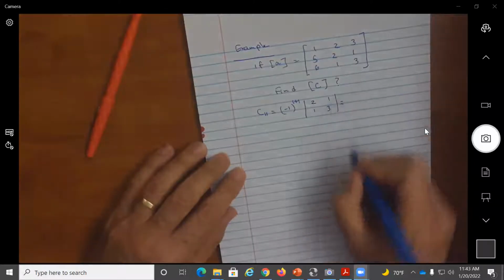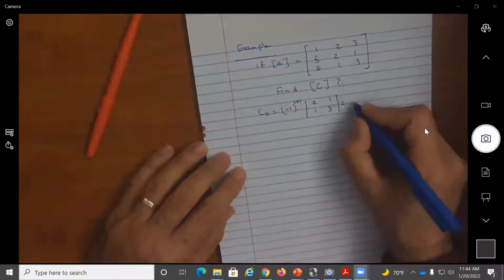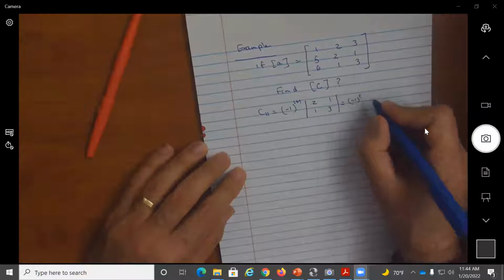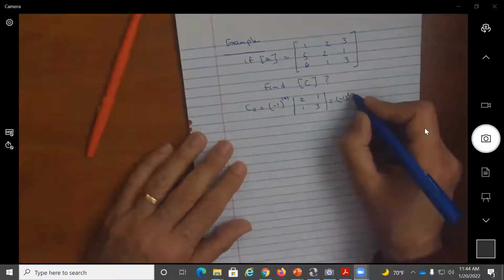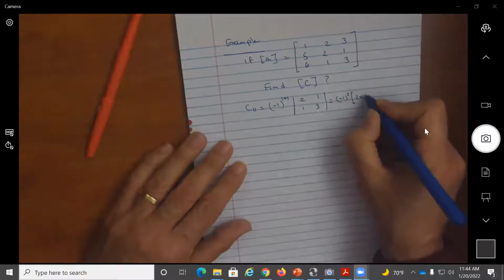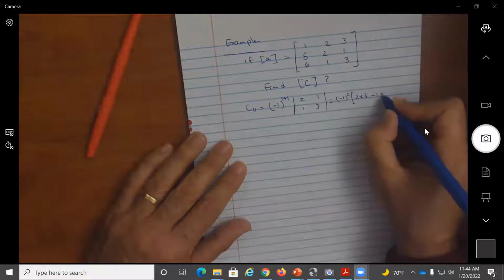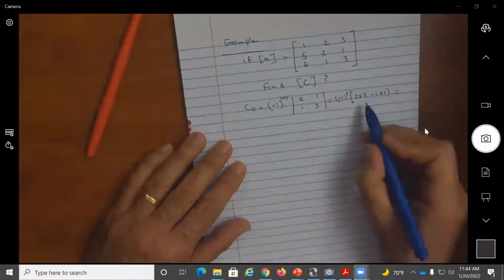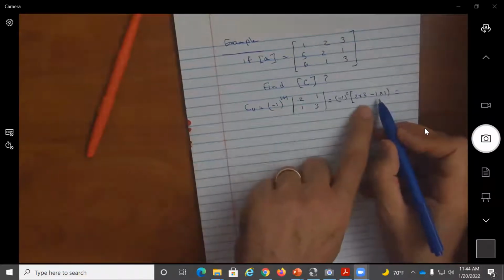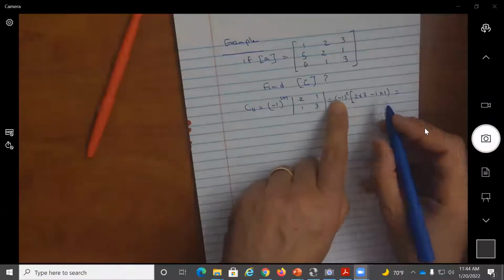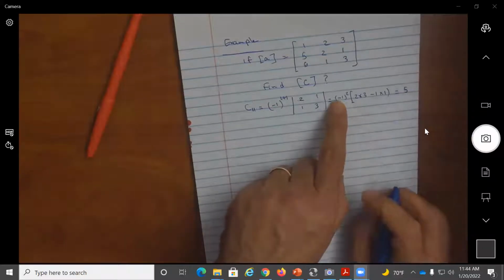This is equal to minus 1 squared multiplied by 2 times 3 minus 1 times 1. 6 minus 1 is 5, times 1, so I get 5.